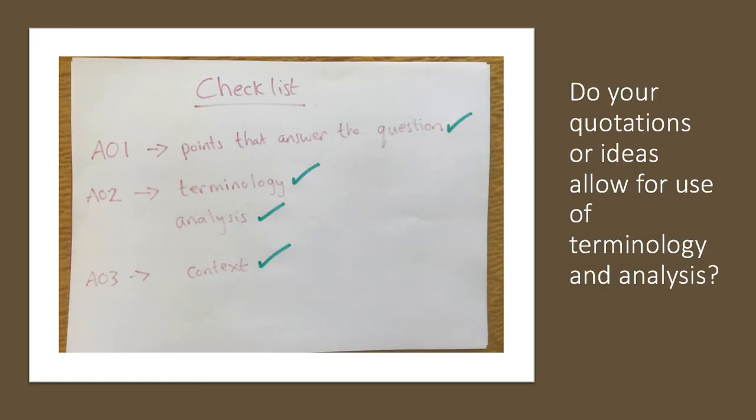Once you can tick all of those off, and for instance if you're at home, if you notice there's a gap in your use of terminology, you can look up better quotations that allow you to have that analysis, look at how Golding is using language or using literary techniques to create and support the ideas that you're covering.